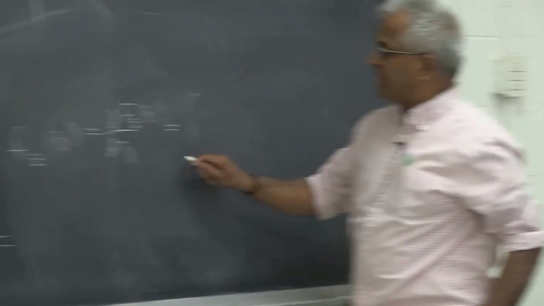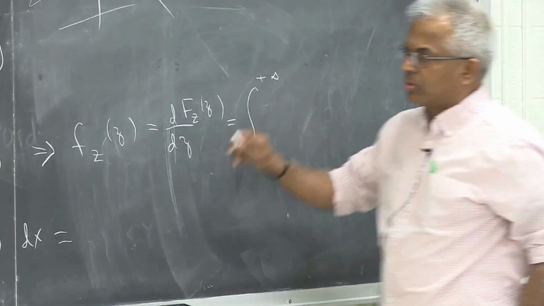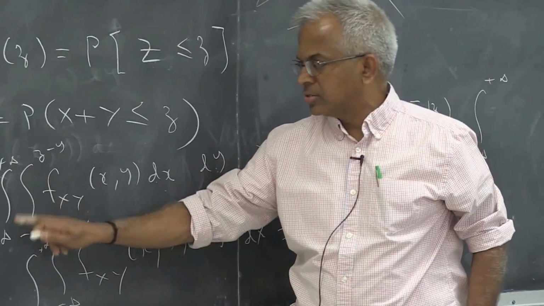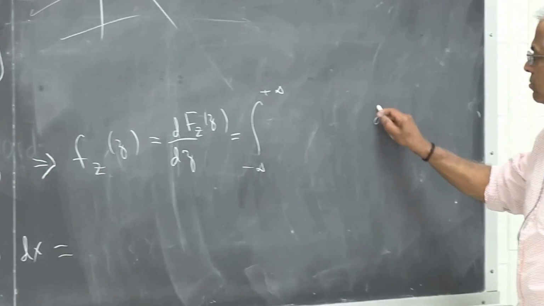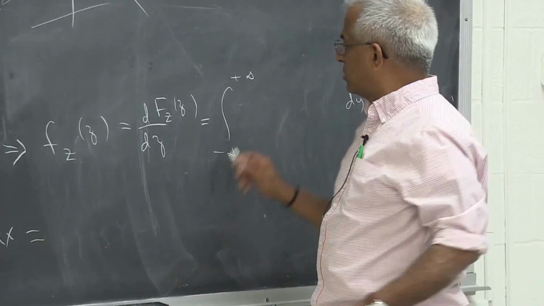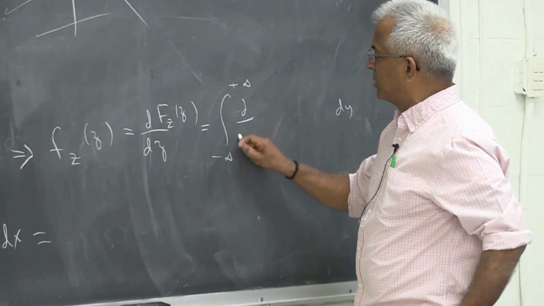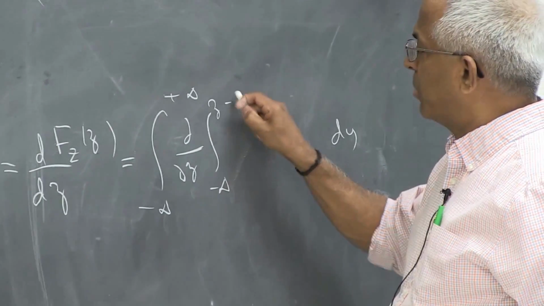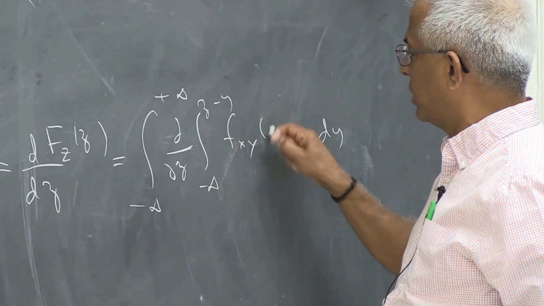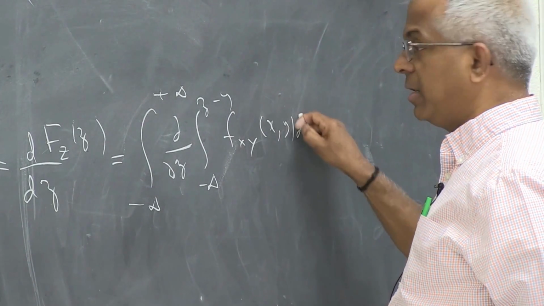That will be the case with respect to the first integral, right? Because these are constants, the derivative will come inside. If you want, you can write one more line: this is d by dz of the integral from minus infinity to z minus y of f_XY(x, y) dx, I guess.